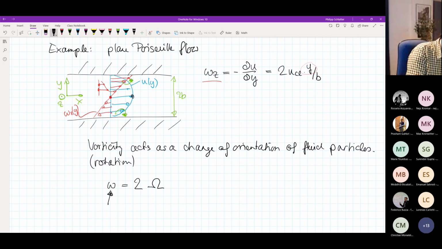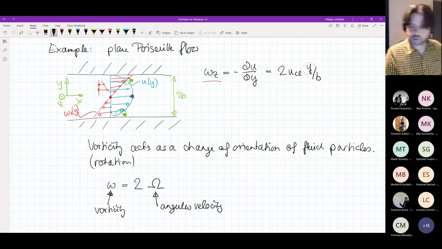So the value of the vorticity can be related to 2 times the angular velocity, the rotation speed that you have at a certain position. So locally, the vorticity can be related to a rotation of fluid elements, which you can quite easily see in the channel with this example that I just made.